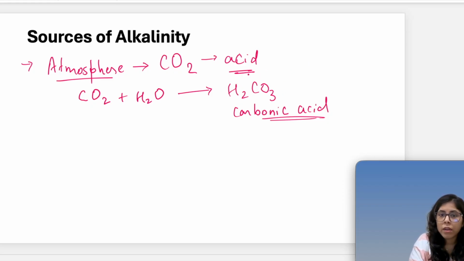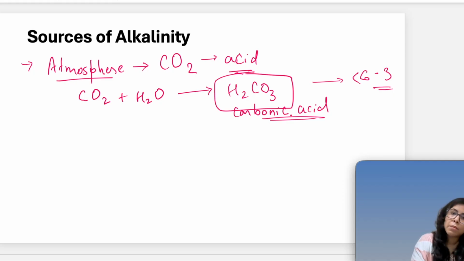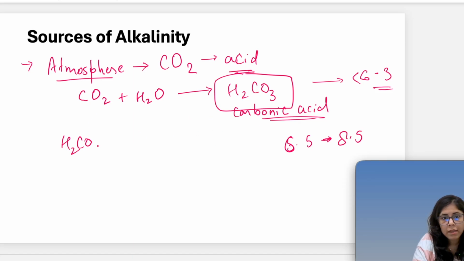It will not remain in the carbonic acid form in water, because carbonic acid will be there for pH lesser than 6.3, I can say. For pH lesser than 6.3, carbonic acid will be there. But water has a pH of around 6.5 to 8.5, right? So in this range, this carbonic acid breaks down.